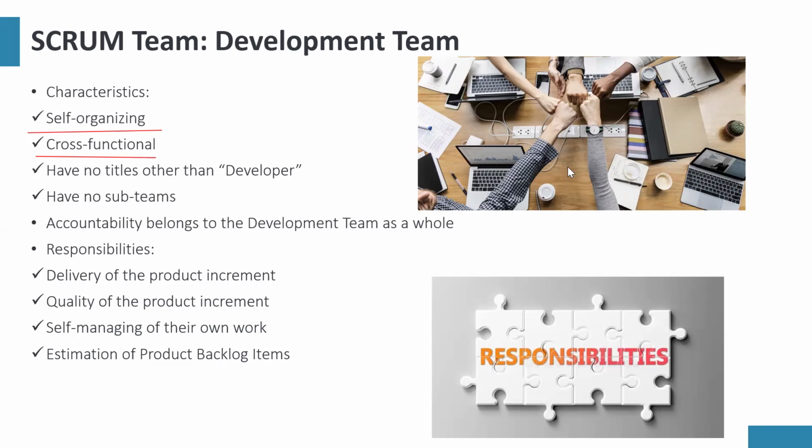So the question is, when it comes to cross-functionality, let's look at the people you need to build software. You can start with a UI UX developer. What's UI UX? User interface, user experience developer.